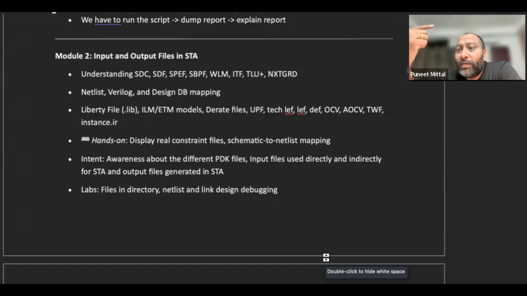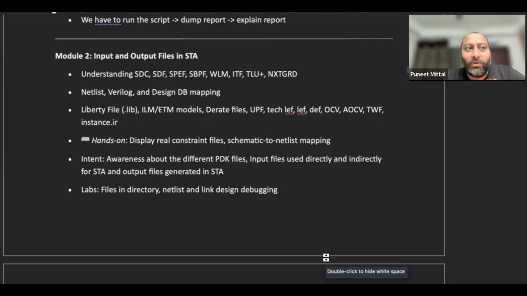I'm going to explain the syntax and how you can read that particular part. A few things you may not be able to understand if you're new to STA, for example the SDC. Maybe you can ask, Puneet, what is the constraint and all? That's okay, in the constraint section we will talk about that. But at least you will have an idea, whenever I talk about the SDC constraint file, of what different things are written as a part of the SDC file. That is going to be my main goal.